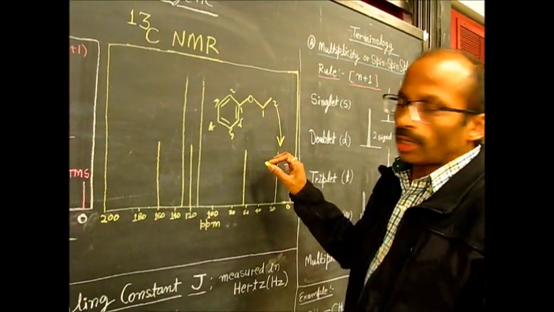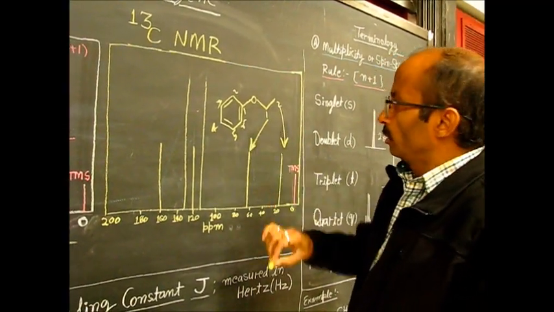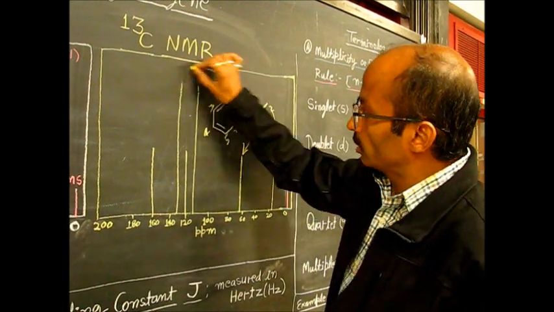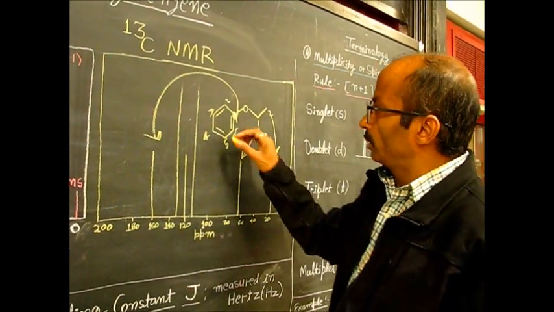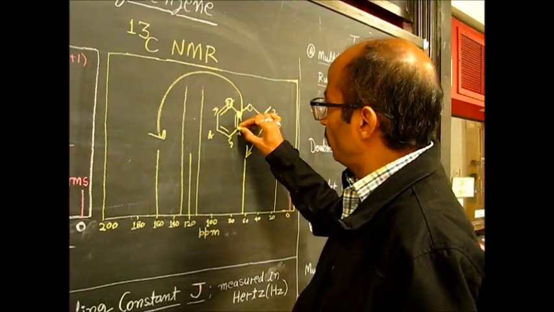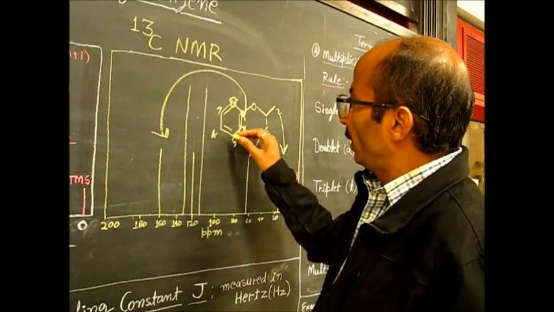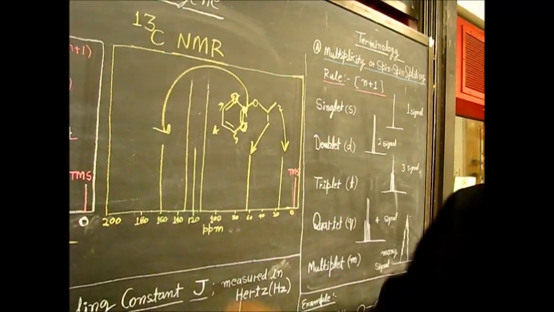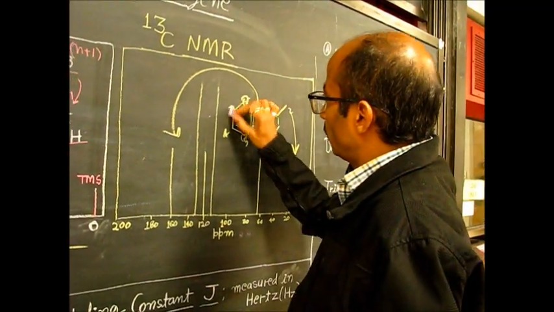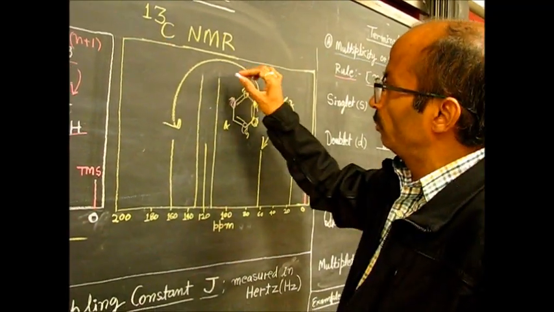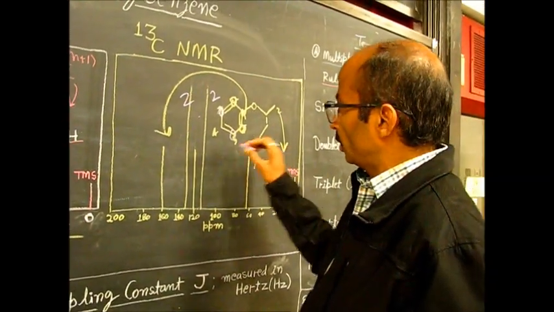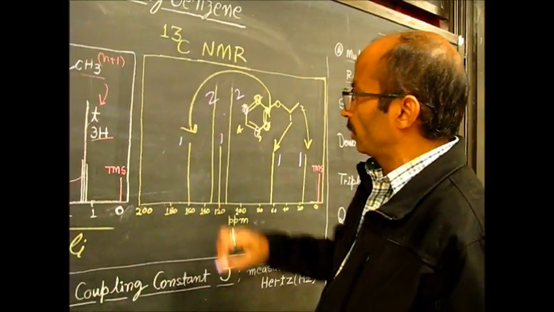This ethyl carbon will appear here, this CH2 carbon will appear here, and this carbon is here. These two have the same environment, and these two have the same environment. So these 2 and 2 will come here. This is 1 carbon, this is 1 carbon, and this is 1 carbon.